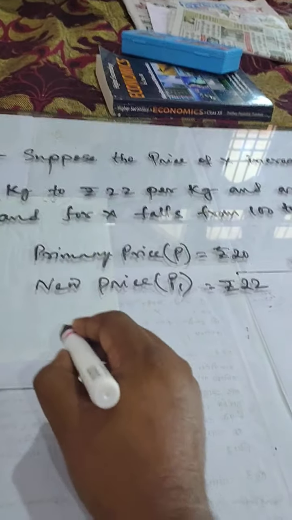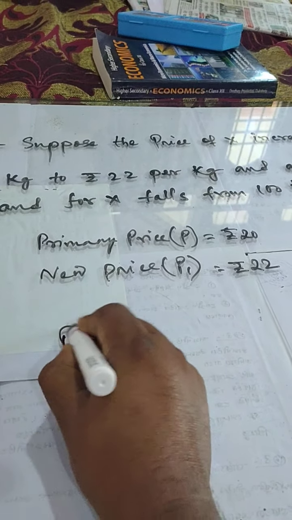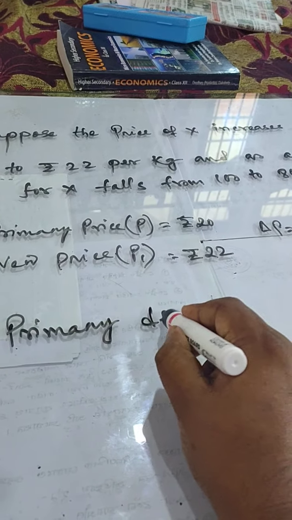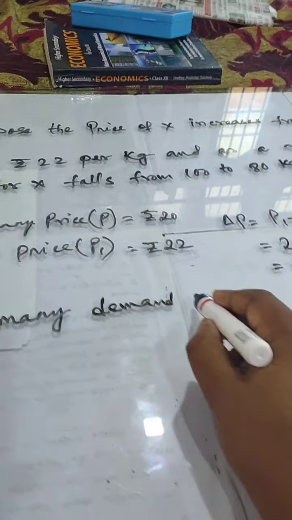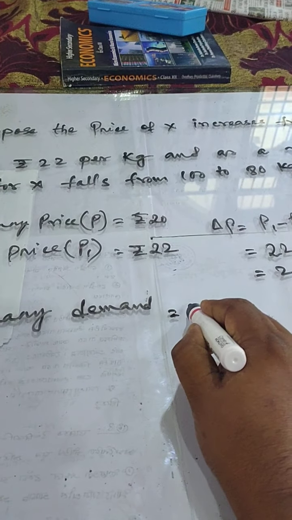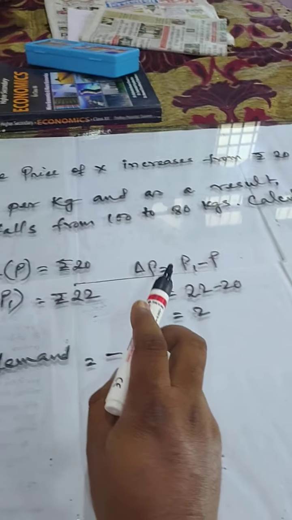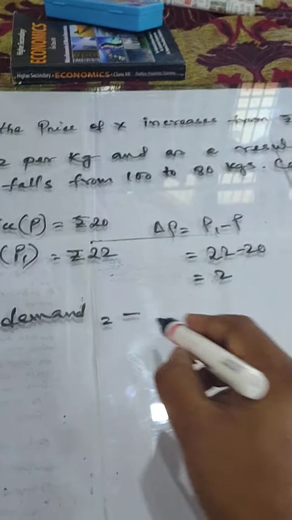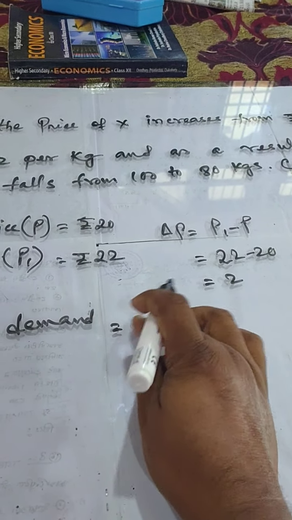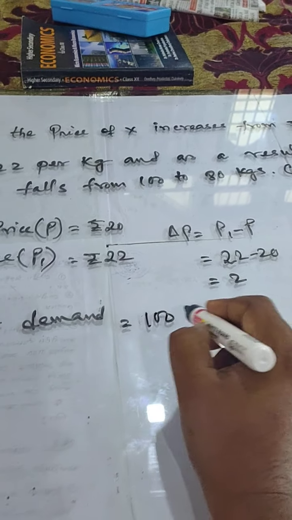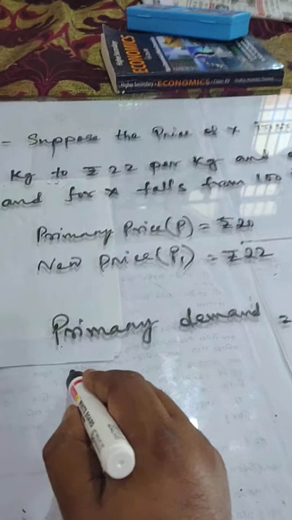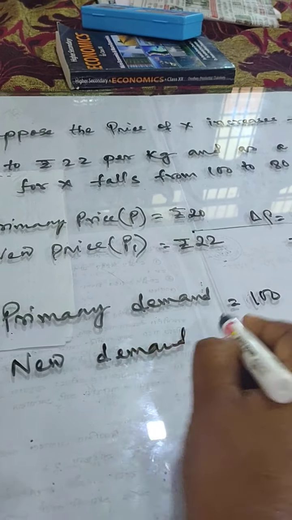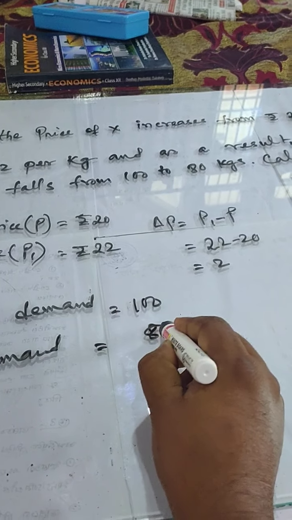Next, primary demand. Primary demand is equal to how much? It was 100. X falls from 100. So you write here 100 units, and then the new demand is equal to 80 kg.